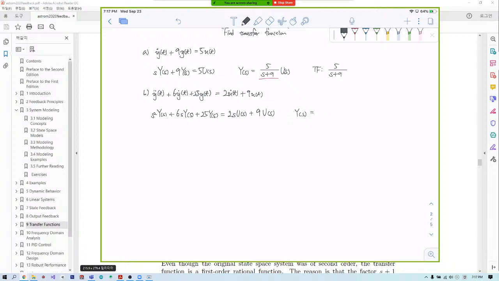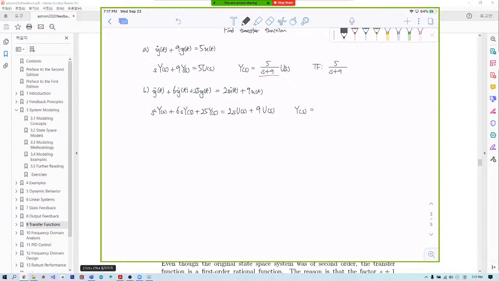And if we factor out Y of s and divide both sides by whatever we have multiplied to Y of s, we're going to have something like this: s squared plus 6s plus 25 goes to the denominator, and what we have up there is 2s plus 9. Okay. So again, this term here multiplied to U is our transfer function.